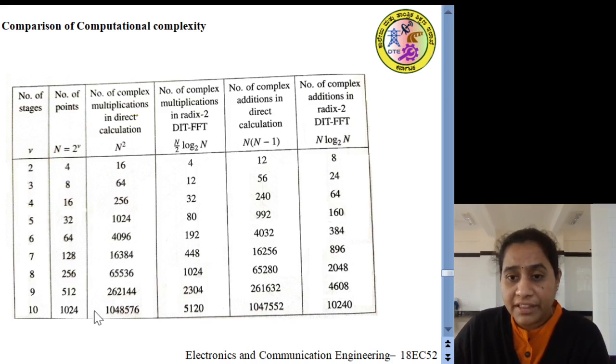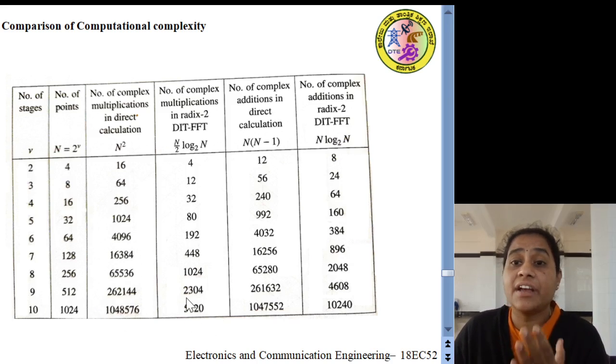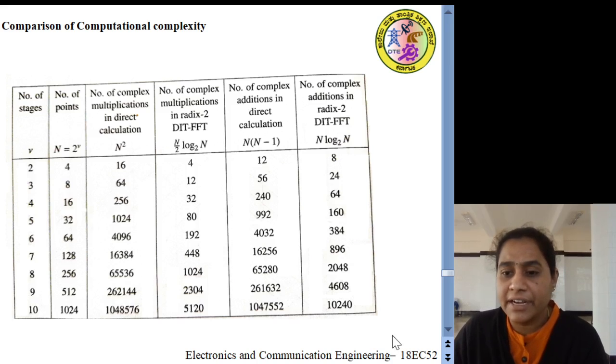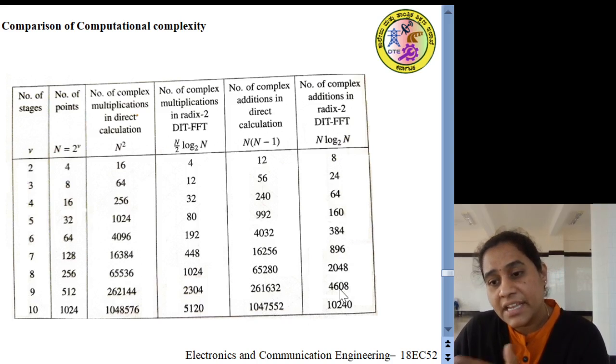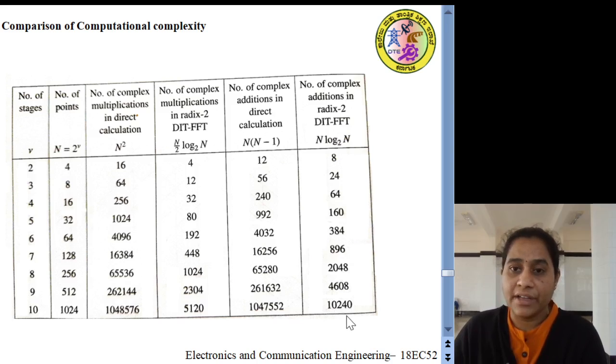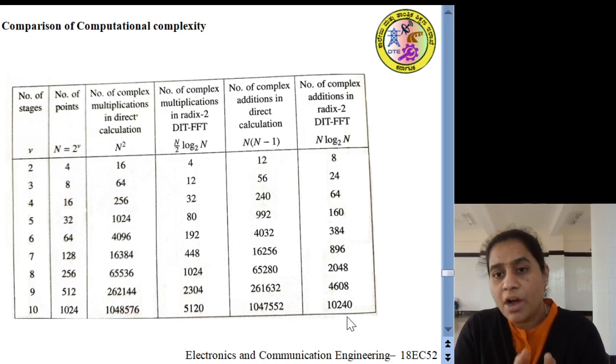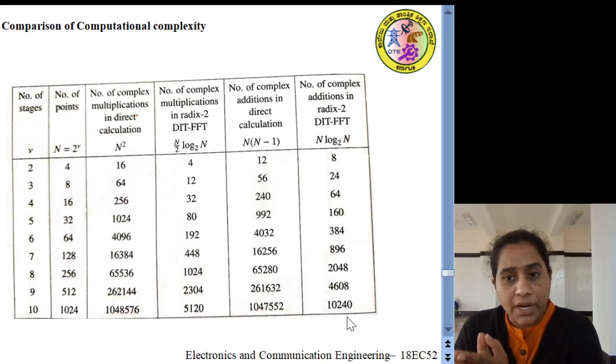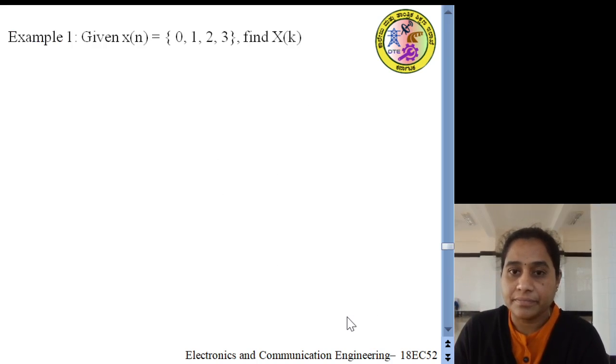We can observe the greater reduction in computational complexity. Here also around 1 million complex additions get reduced to 10,240 complex additions. That is why we go for the radix 2 DIT FFT algorithm for finding the DFT.